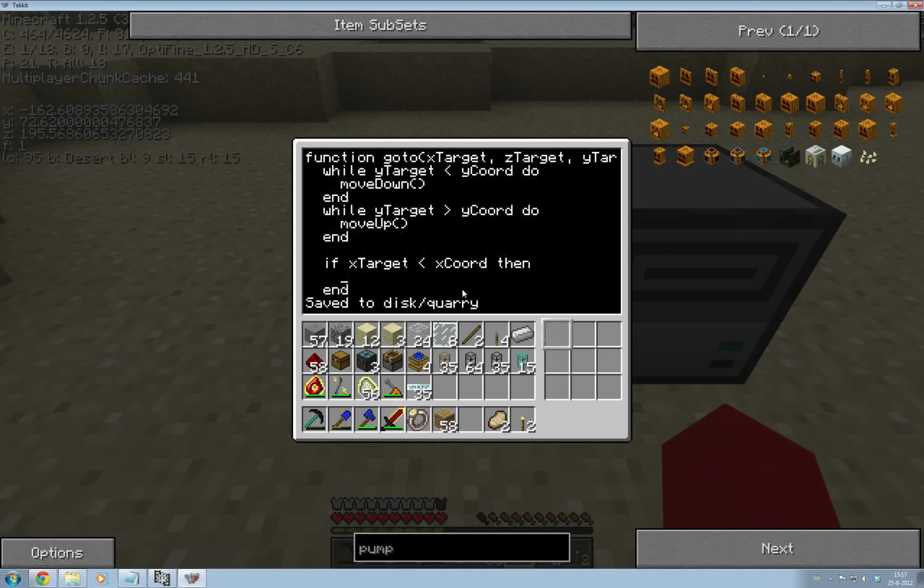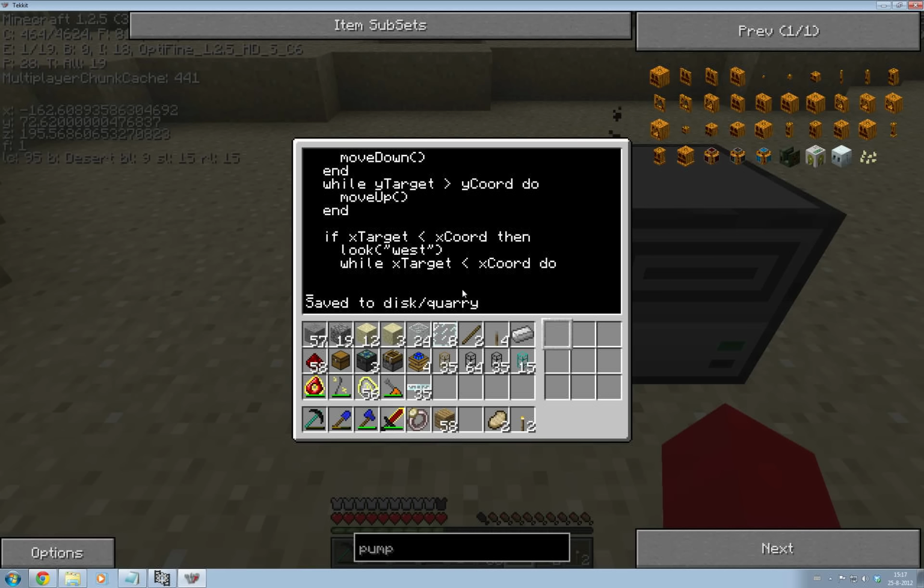So I think it might be a good idea to create a function that we can use to say look west and have the robot or the turtle look west for us automatically. And then we'll do the while loop saying while X target is smaller than X coord, do move forward.